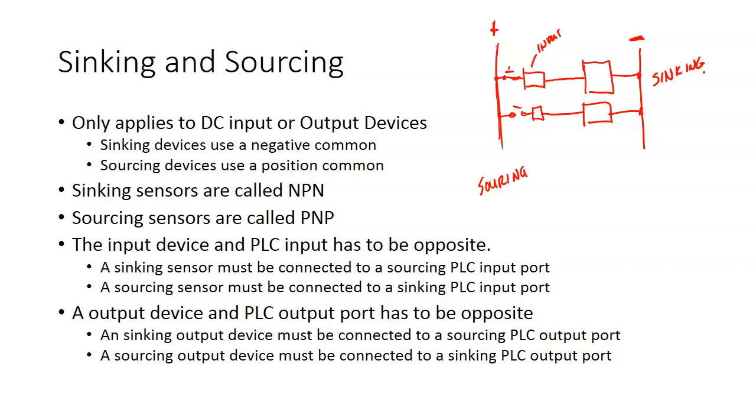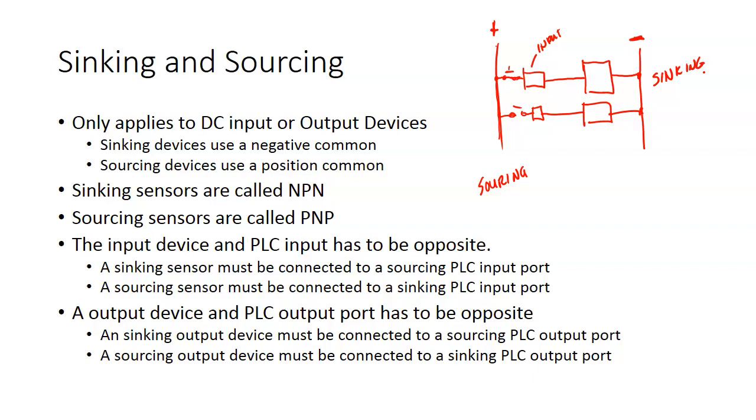You need to know what the common of your PLC is. If your inputs use a negative common, then you've got to buy sourcing sensors, because a negative common on your inputs means the sensors have to provide the plus.